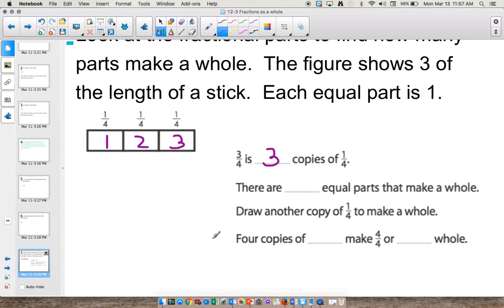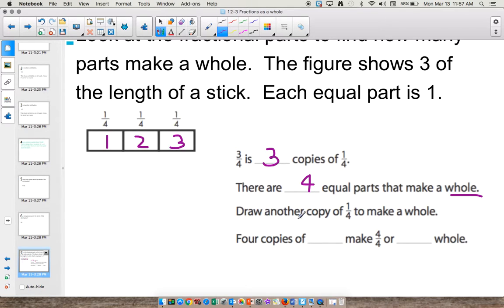Down below, there are blank equal parts that make a whole. I only see 3 pieces, but I also am looking at my denominator, and my denominator is 4. And I know that the denominator is how many total pieces there are, so I need to put 4 because there are 4 parts that make the whole.